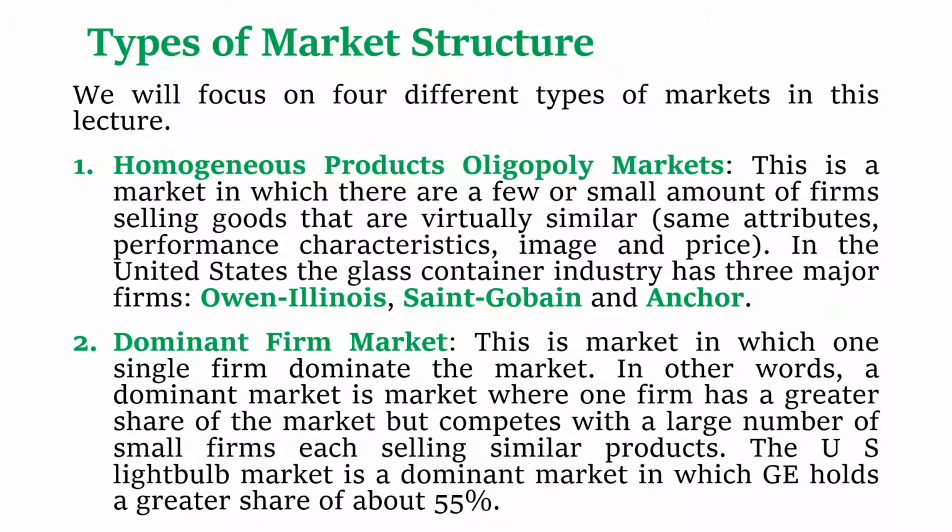They are the same in terms of attributes, performance characteristics, image, as well as price. So in the US, you have the glass container industry, where you have Owens-Illinois, Saint-Gobain, and Anchor. These are the three large manufacturers that operate in the US glass container industry.